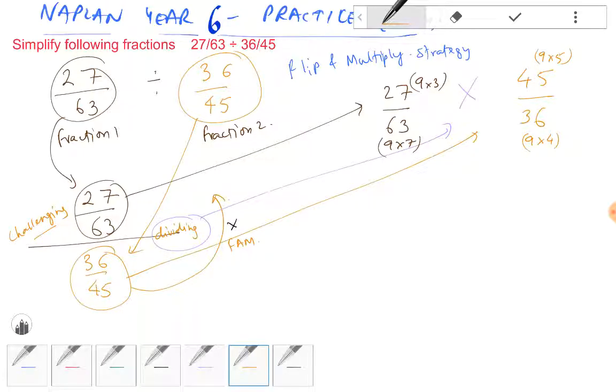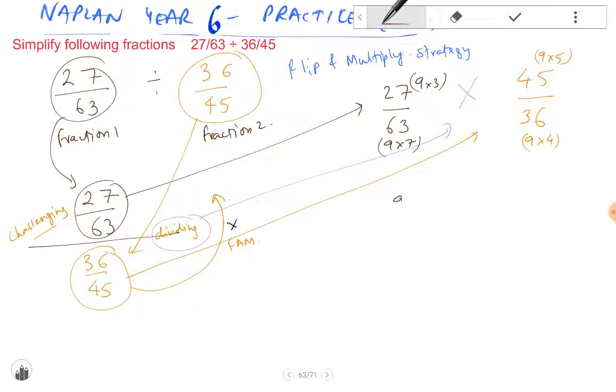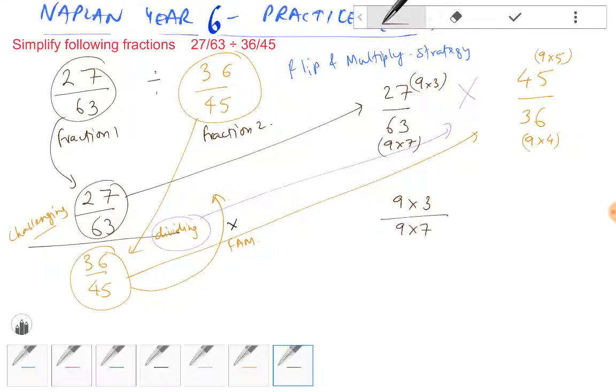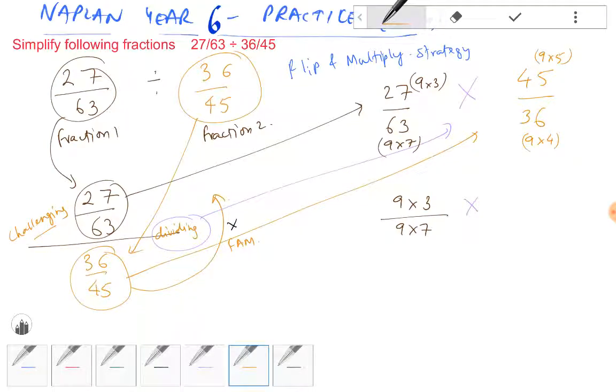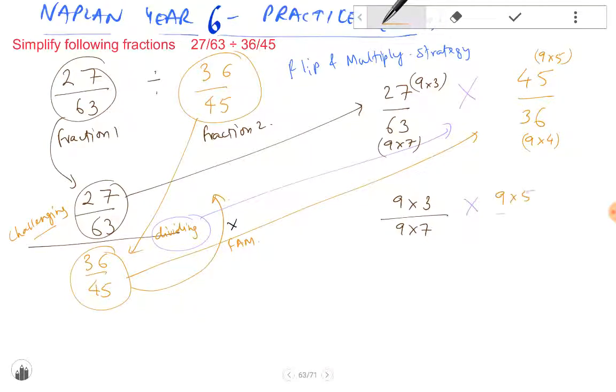Okay, so the whole equation will then become 9 times 3 divided by 9 times 7, multiplied by 9 times 5 divided by 9 times 4.